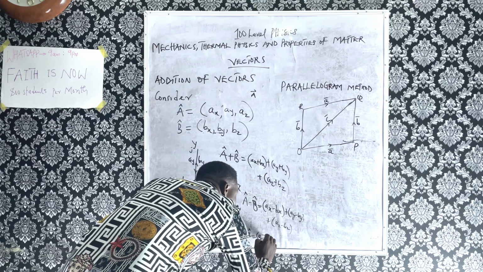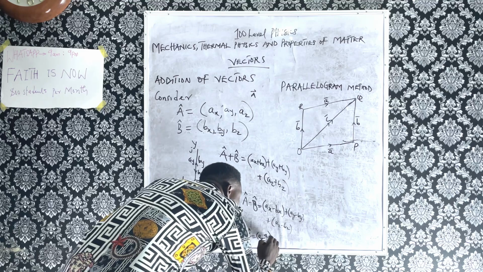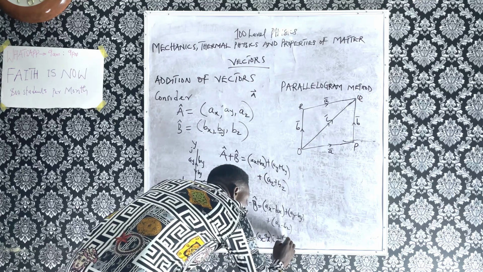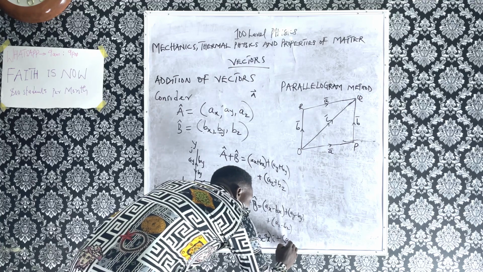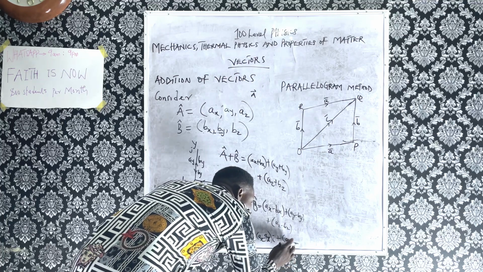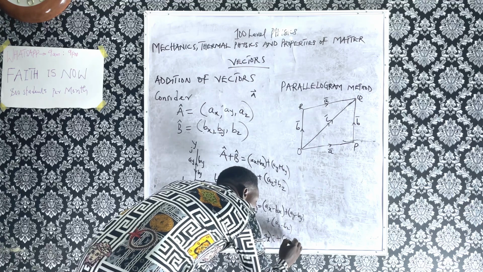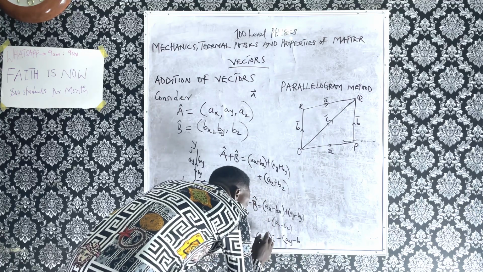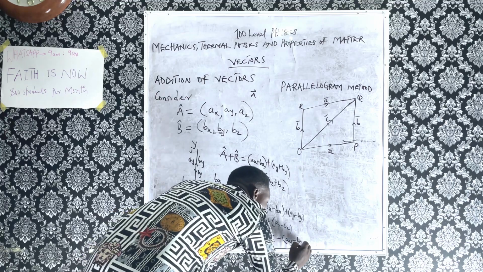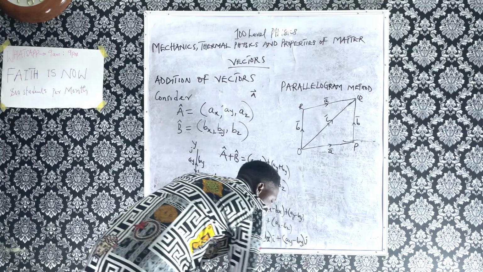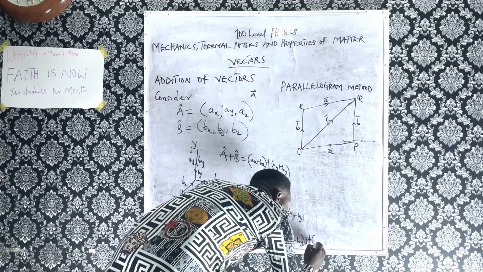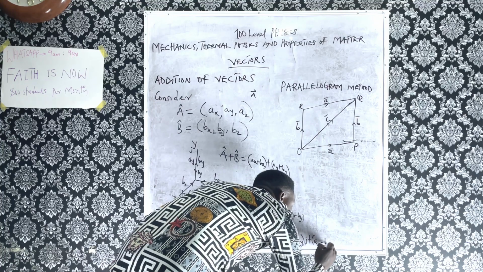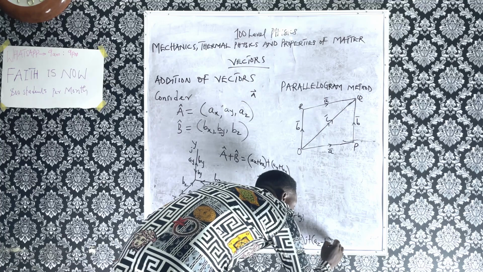Okay, so if I want to write this out now, this should be A minus B equals (ax minus bx) i plus, in brackets, (ay minus by) j plus, in brackets, (az minus bz) k.